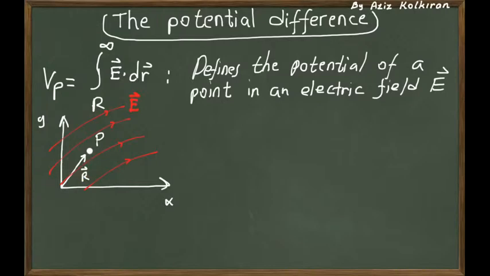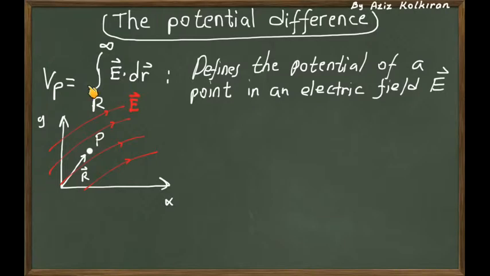Suppose you have no charges. You just have one region of space which has a non-zero electric field. Okay? So in this region, even if you don't have any charge, can you talk about the potential of a point? Yes, the potential of point P, which is located inside a region of space which has non-zero electric field, is defined by this integral.